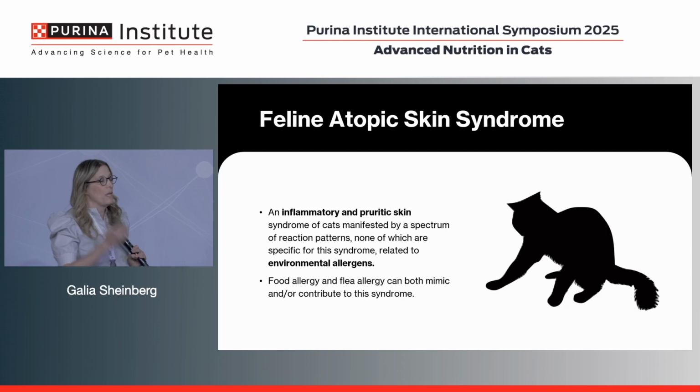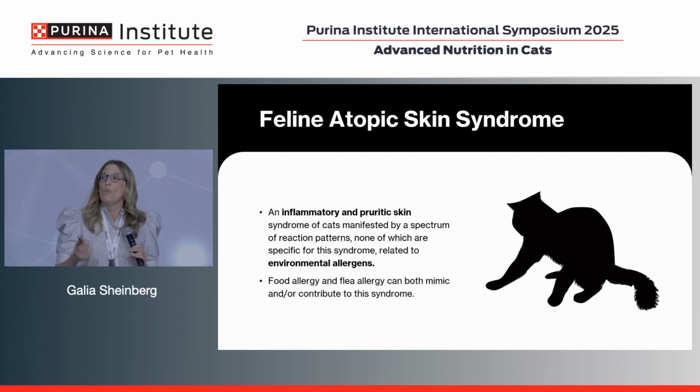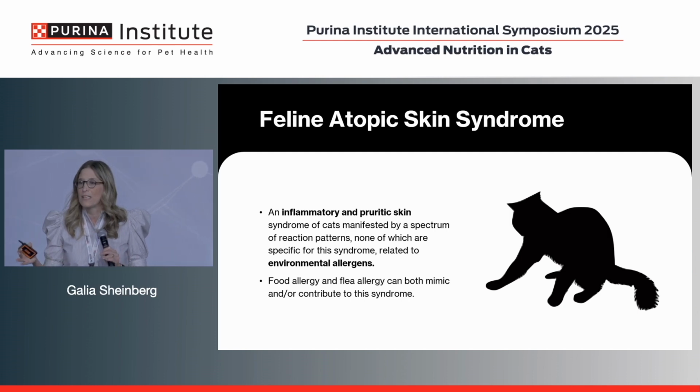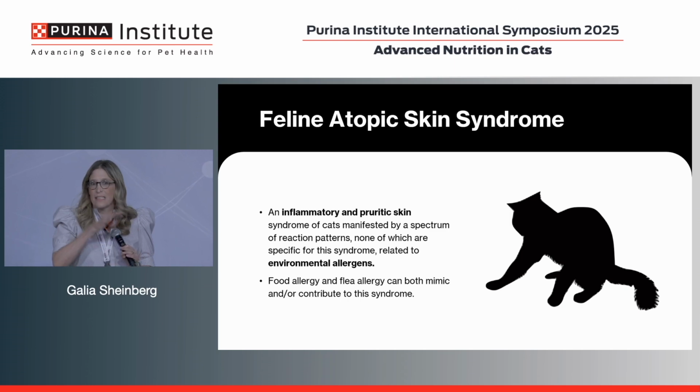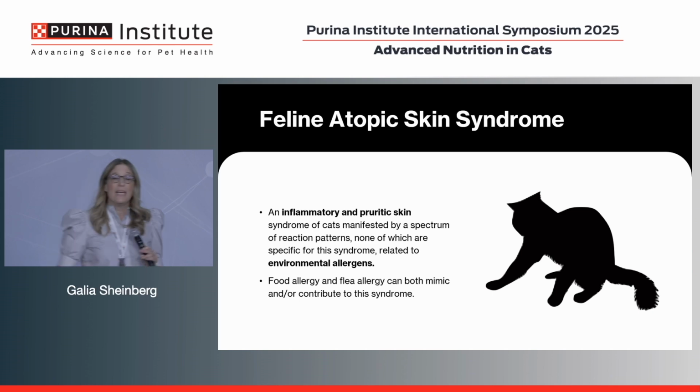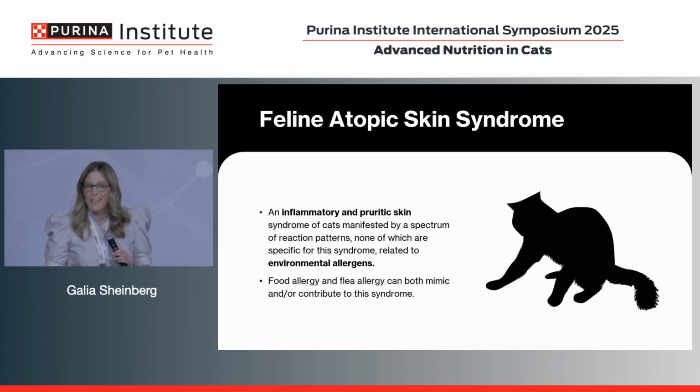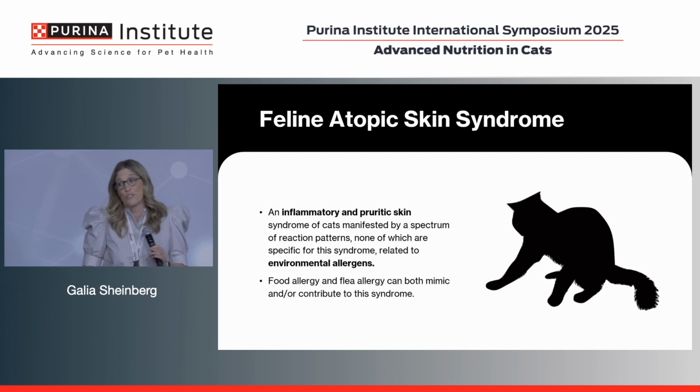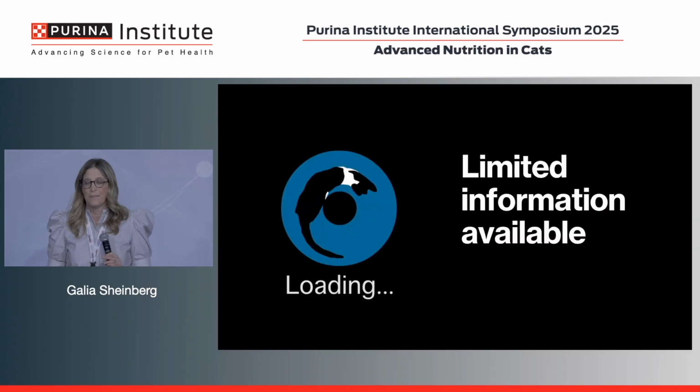So when we are working these cases, we have to consider other diagnostic possibilities because the skin in cats tends to manifest in these typical 4 patterns that are sometimes easy to recognize, but the cause can be different. And to make things even more complicated, food allergies and flea allergies can cause the same skin manifestation. So that's even more complicated.